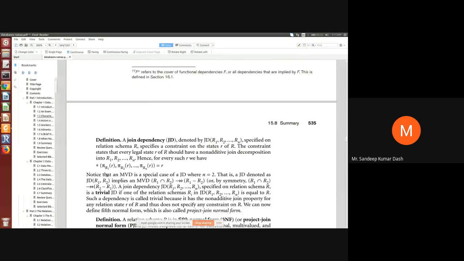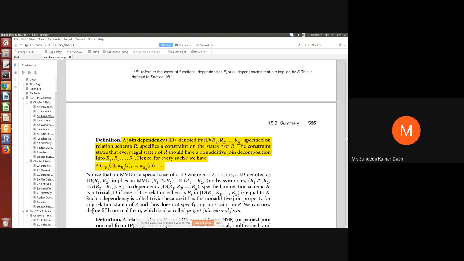So the definition of join dependency is this: if you divide a table into multiple relations, then when you combine them, you should get the original relation back.